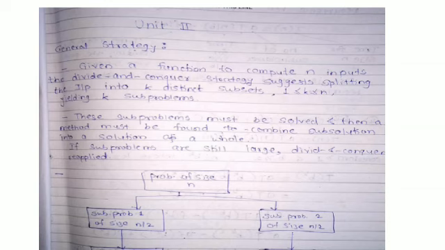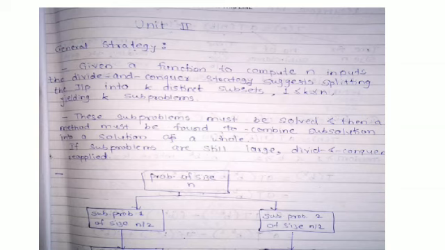Here it is a very simple idea: if you are given a problem or a function to compute on n inputs, the name itself suggests that we have to divide those n inputs into more than one sub problem.